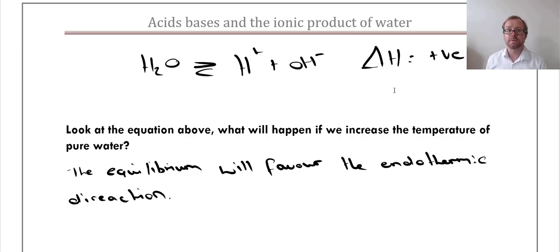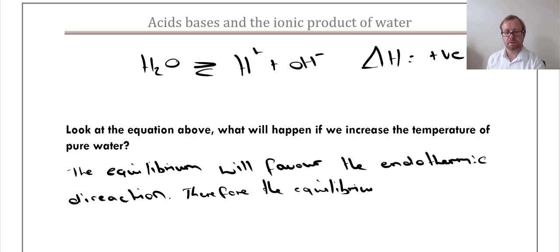We know from this value sign that the forward reaction is endothermic, therefore the equilibrium will shift right.